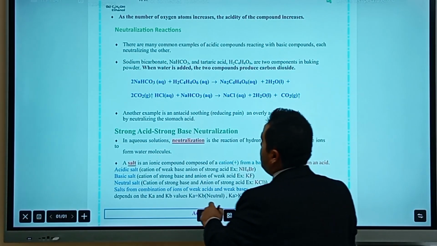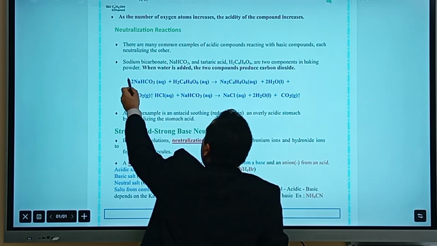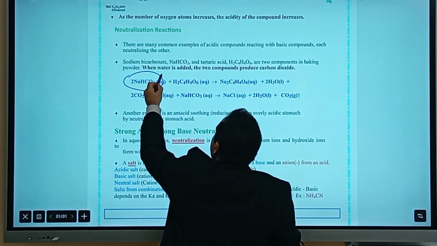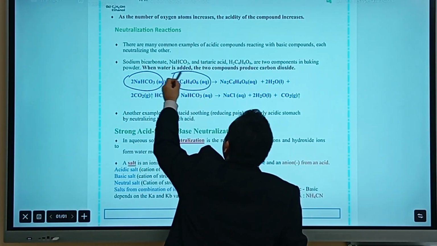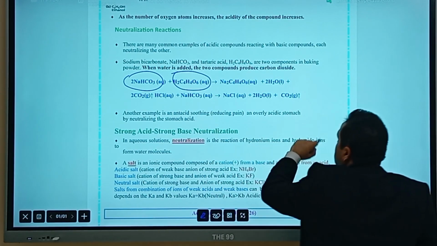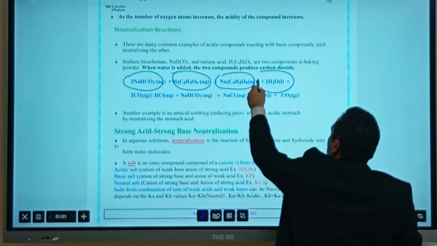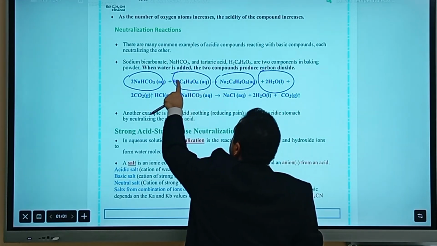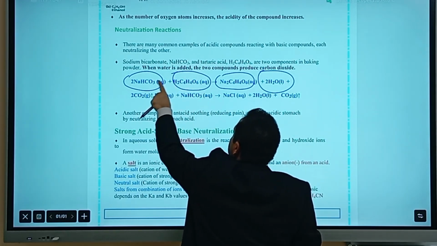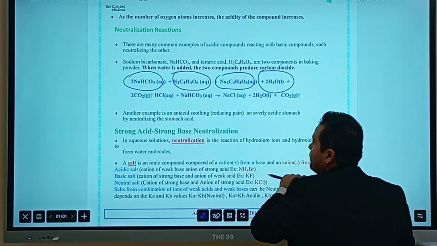Have a look at this example, guys. Sodium bicarbonate is given here, which reacts with tartaric acid and produces a salt and H2O. This is a neutralization between tartaric acid and sodium bicarbonate.